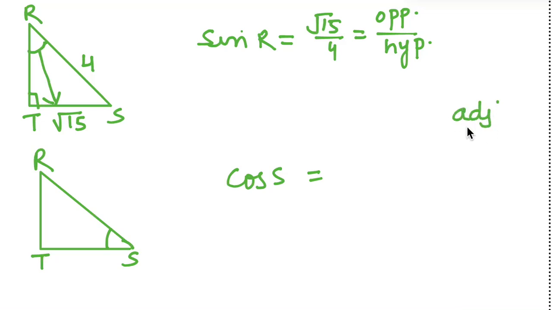Adjacent over hypotenuse. Now if you see the triangle, this is root 15 and this is 4. For cos S we need TS, which is adjacent. They have interchanged, so that is root 15, and the hypotenuse is 4.